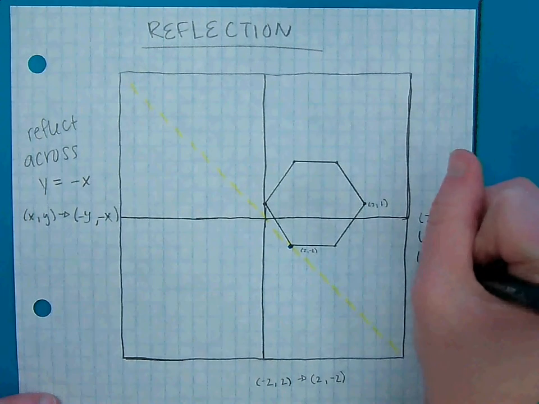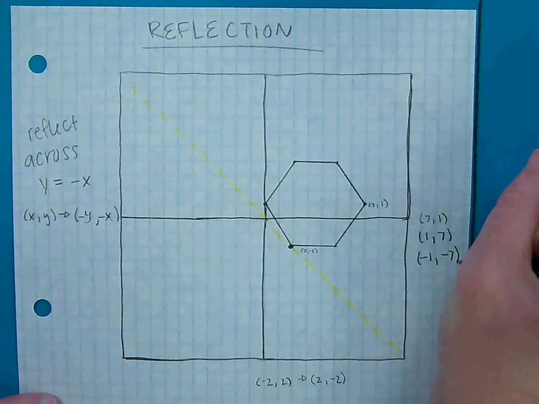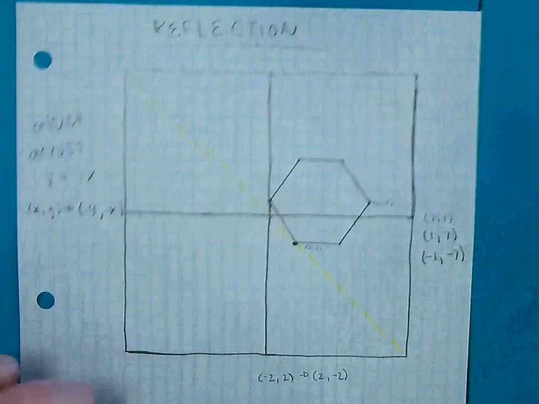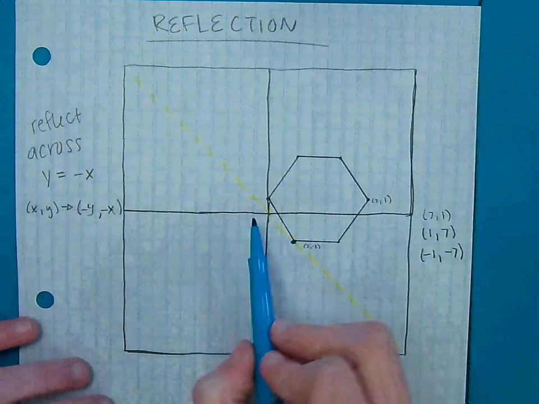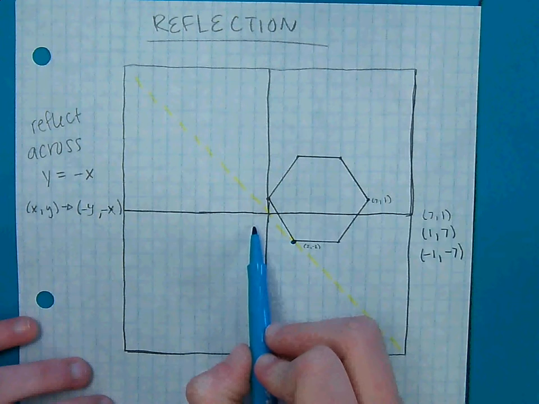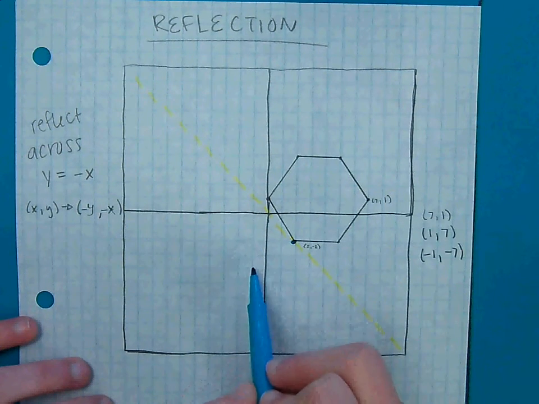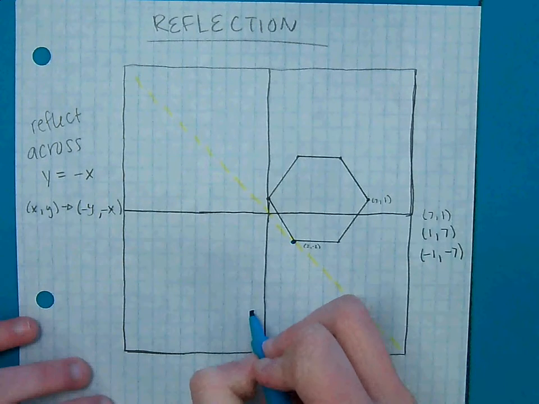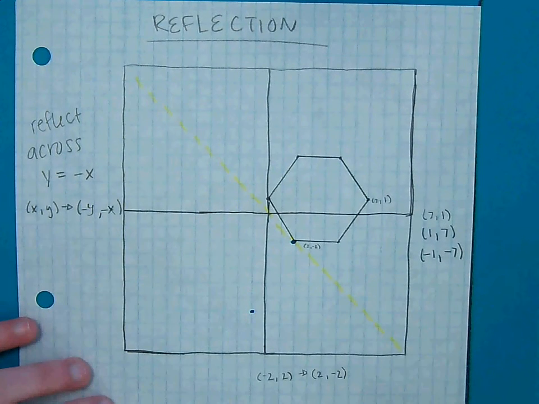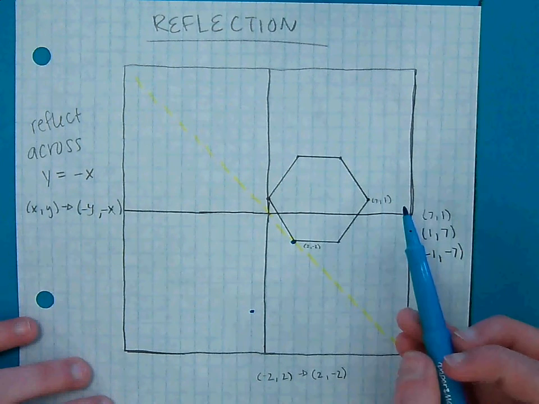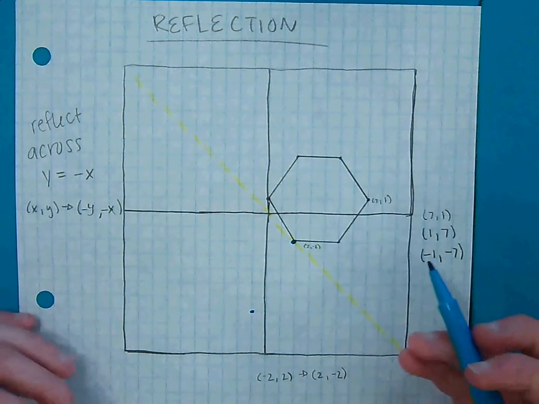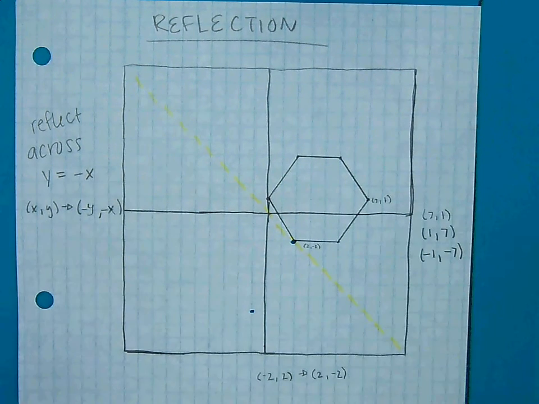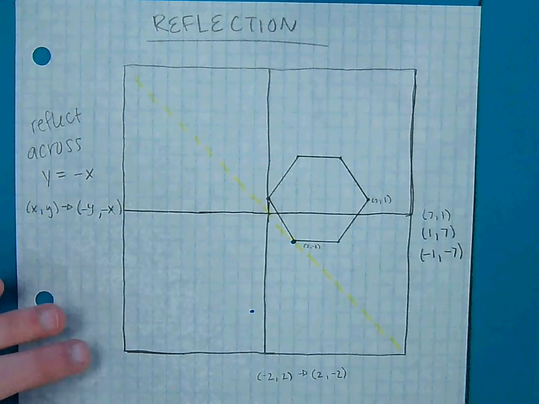So now we have -1, -7. And so I'm going to mark that. Here's my -1. Go down 7. 1, 2, 3, 4, 5, 6, 7. So that is the corresponding point right there.